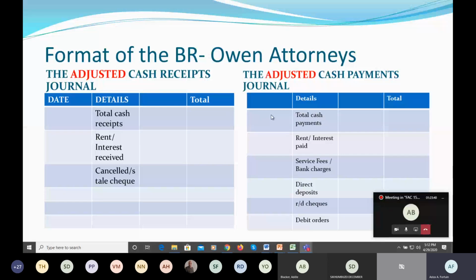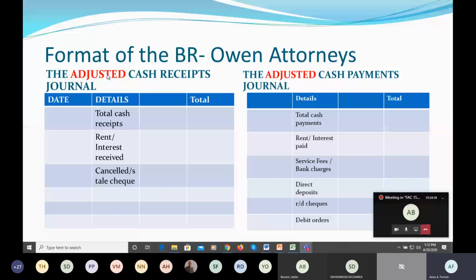So in my cash receipts, remember this is not a cash receipts journal as such, it's an adjusted one because we've already done our cash receipts journal or our cash payments journal during the month. But now these are just adjusting items that we need to put in. So I've compiled a list of adjusting items that I can think of, and this is how you do your bank recon. You just sort of slot it in, okay?